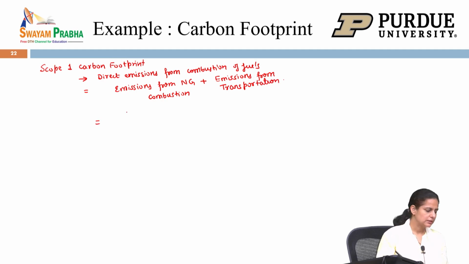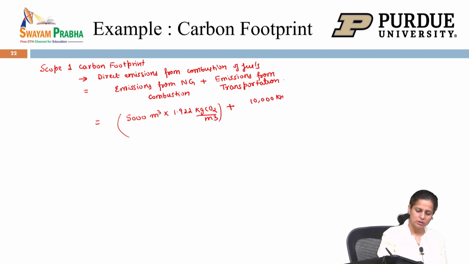So, natural gas being consumed is 5000 meter cube, and the emission factor given is 1.922 kg CO2 per meter cube. So, that will give us the total CO2 plus the emissions from transportation. The transportation need is 10,000 kilometer and you are basically traveling 10 kilometers per liter.